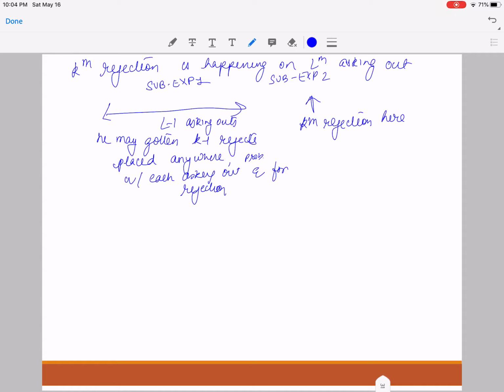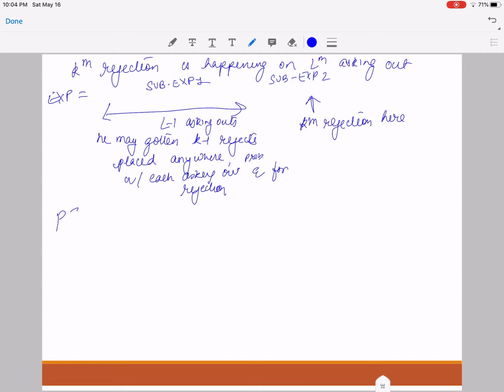So this entire experiment can be broken into two series sub-experiments. Sub-experiment 1 first, where he asks L minus 1 times and he gets K minus 1 rejects anywhere, and he gets his Kth rejection on the Lth asking out. Now both of these sub-experiments 1 and 2 are independent of each other because each asking out is independent of each other.